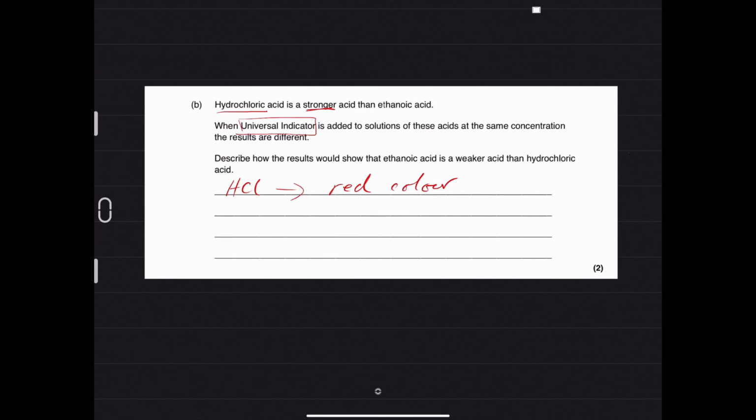Therefore, for ethanoic acid, we would say orange or light orange. You could say yellow, light orange or yellowish in color. You could also start describing in terms of the pH value, numerical value. However, that would be after looking at the color that the indicator gives you and then looking at a chart.